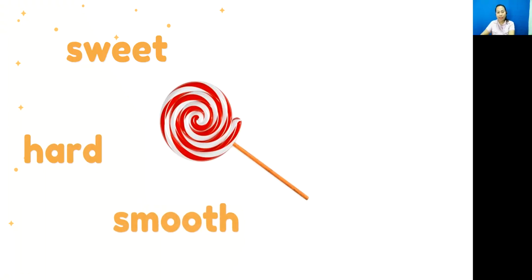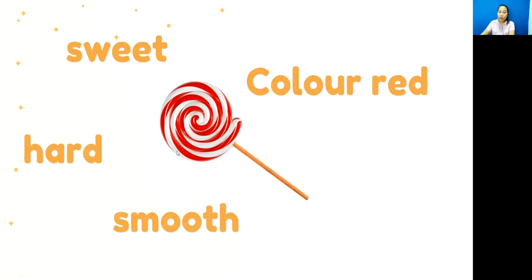What senses did we use? Sense of touch for smooth. And it is color red. Very good. Okay. So that is how we use our senses in observing. We can also observe some plants and animals and living things and non-living things.